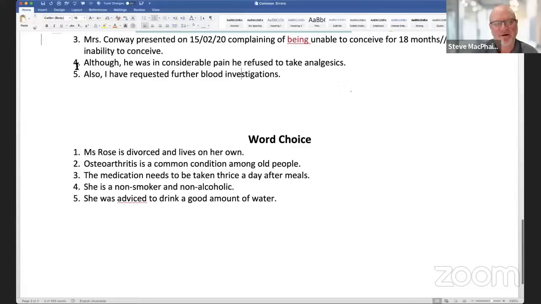What about, this is a very common one as well, number 4. Although he was in considerable pain, he refused to take analgesics. Although he was in considerable pain, he refused to take analgesics. Omar says for the previous one, can it be incapability?